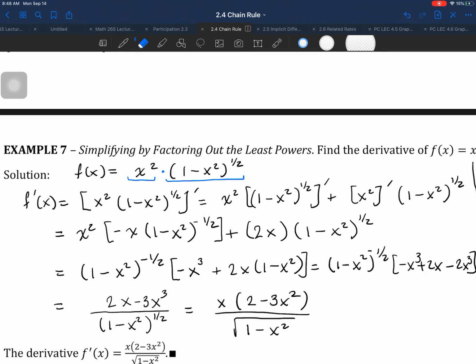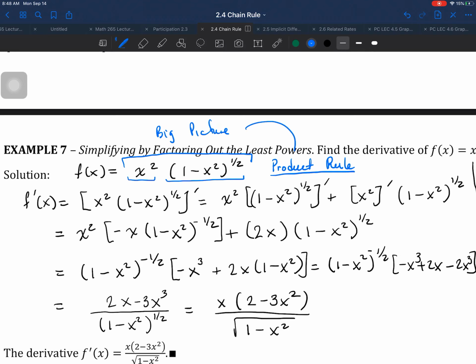So I'm going to start with the big picture. The big picture suggests that we have to use product rule. That's how we started this problem, by using product rule for the big picture.